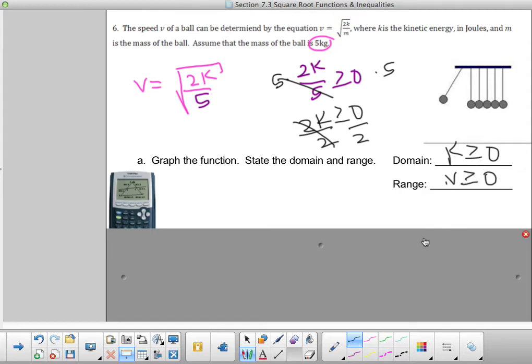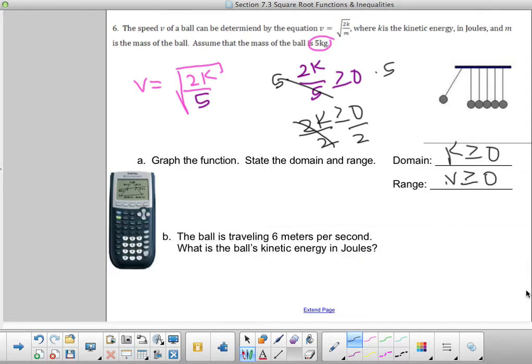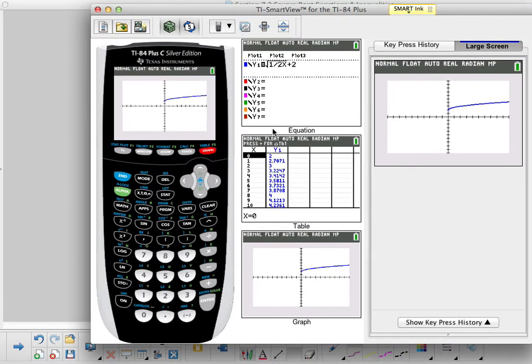Okay. And then it says to graph it. So I'm going to just sketch. Okay, in this case, my x is my k, and my y is my speed or velocity. Okay, and then I'm going to use my graphing calculator to do this one as well.